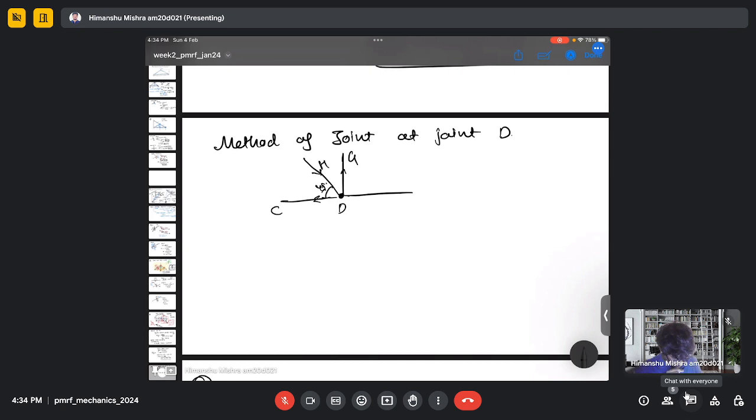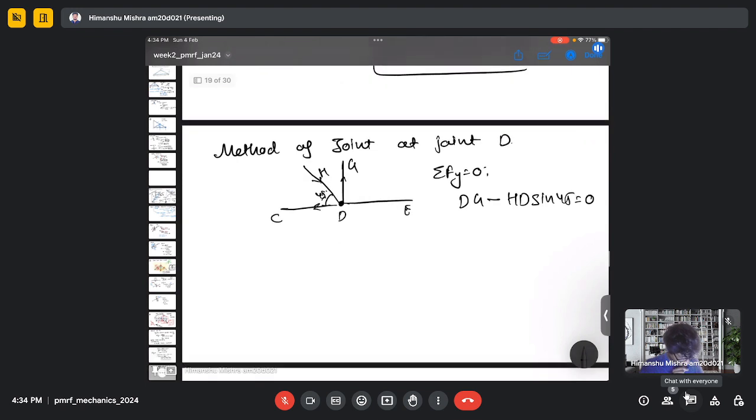I can do the summation of force in the y direction, and I will get DG minus HD sine 45 equal to 0, and my HD is 7.07, and sine 45 will be 0.707, equal to 0. So my DG will be 5 kilonewton.